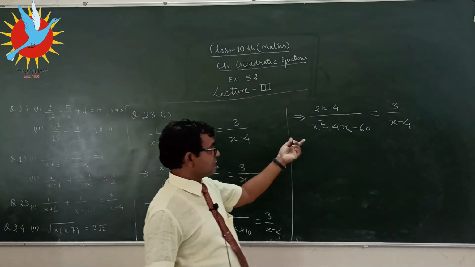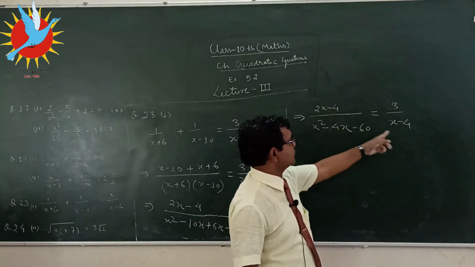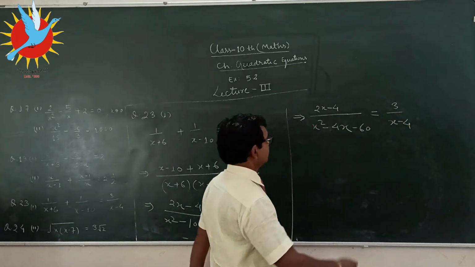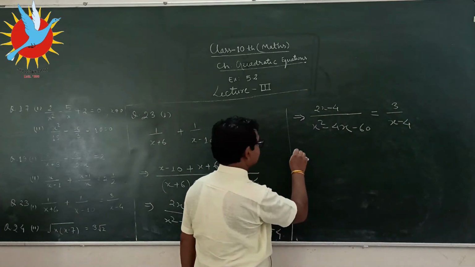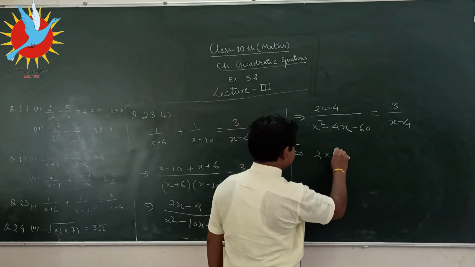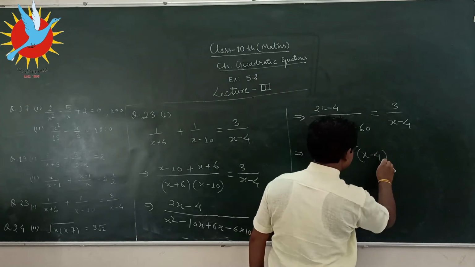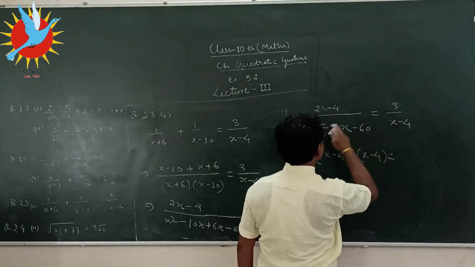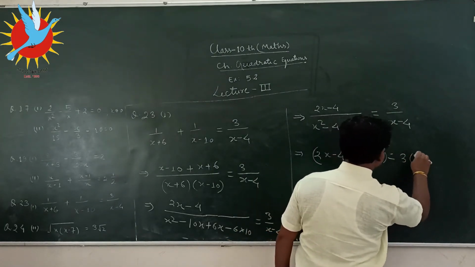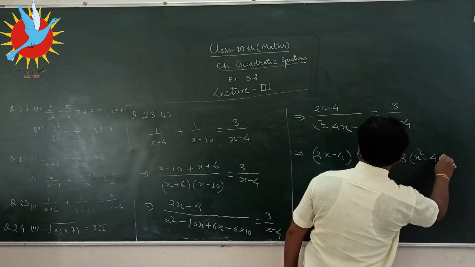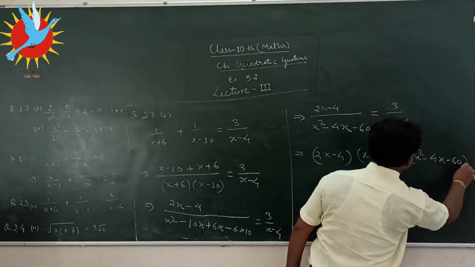Now to solve this, simplify further, take cross multiply, multiply this to this. We have (2x minus 4) into (x minus 4) equal to 3 into (x square minus 4x minus 60).